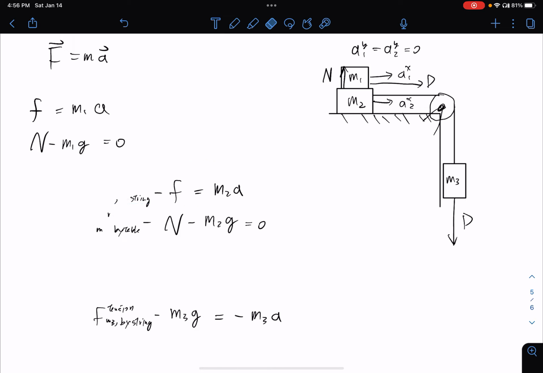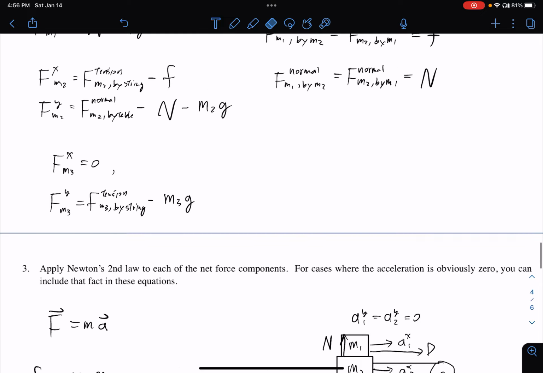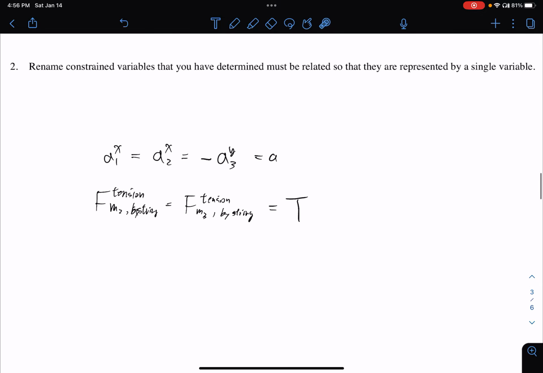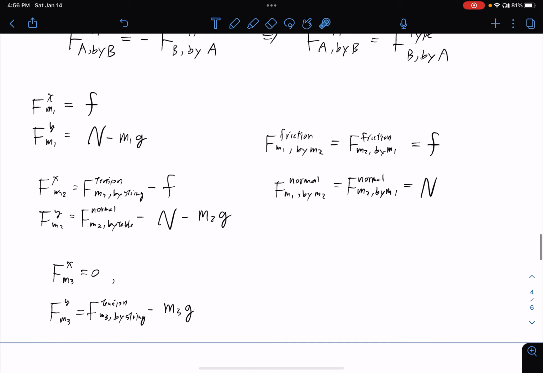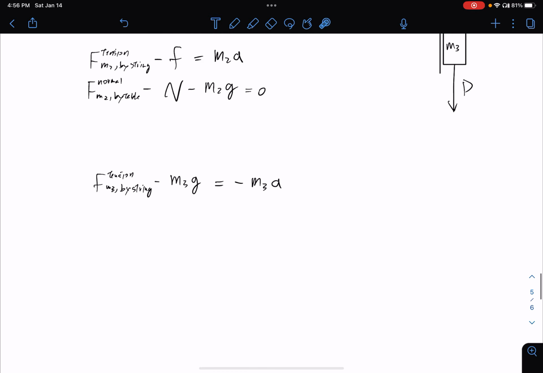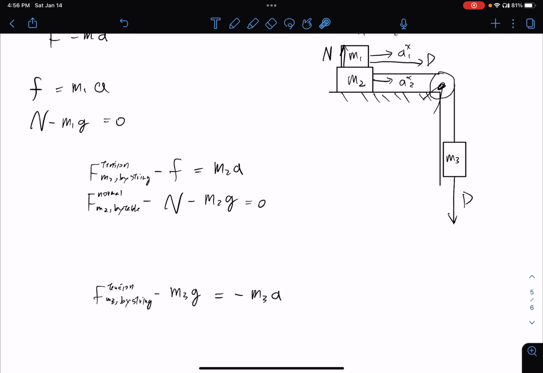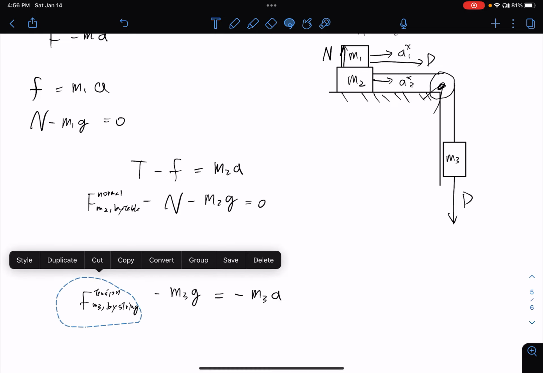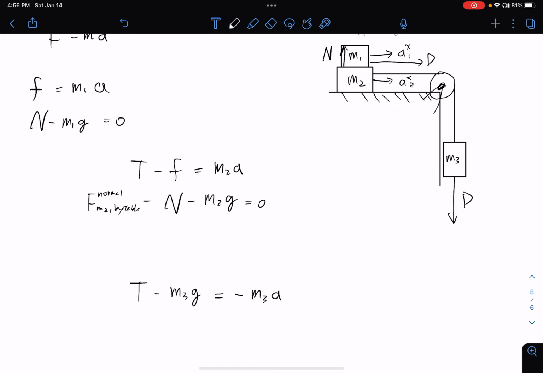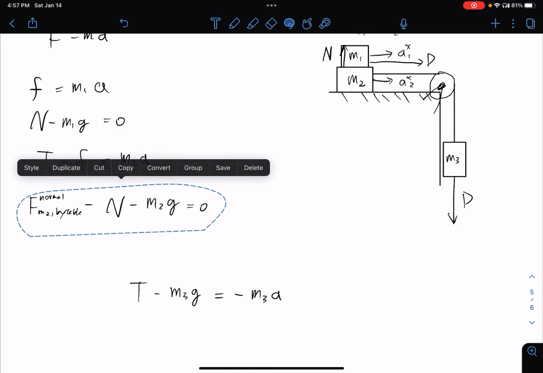We had already simplified the tension by capital T, so we can replace the tension over here with capital T, and the same with this tension. So these are the 5 equations that we want to solve.